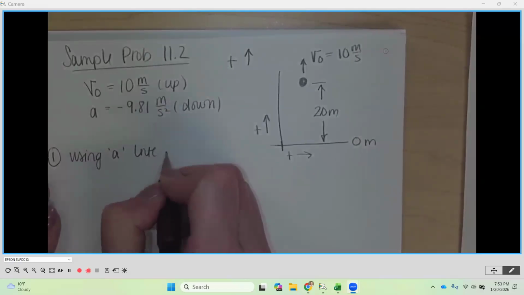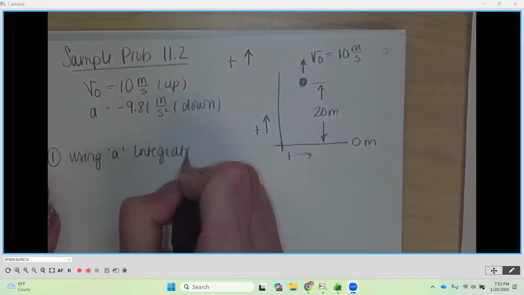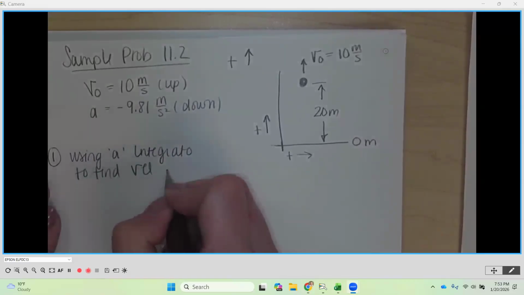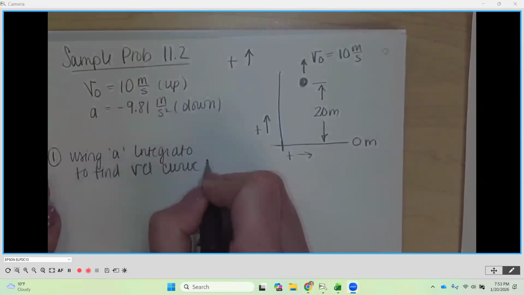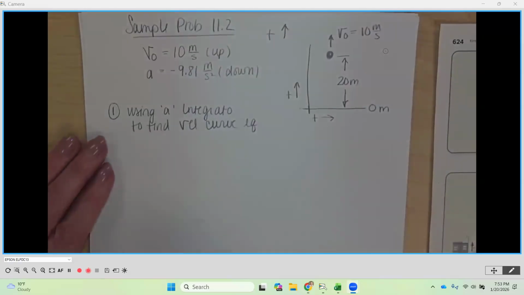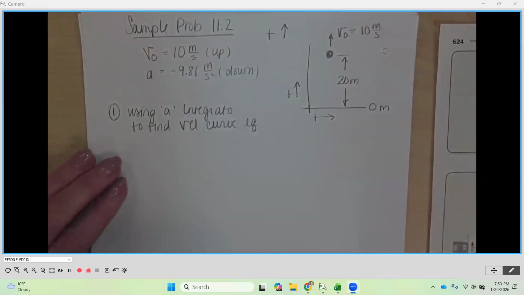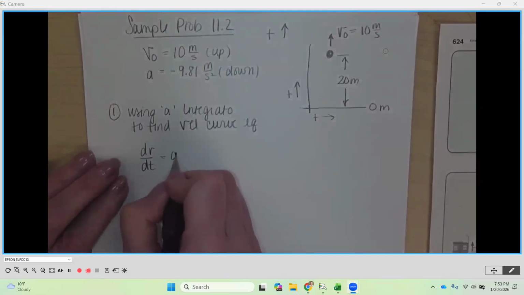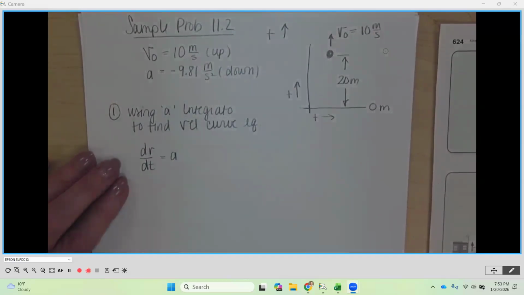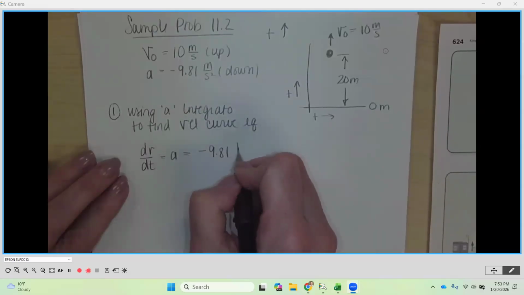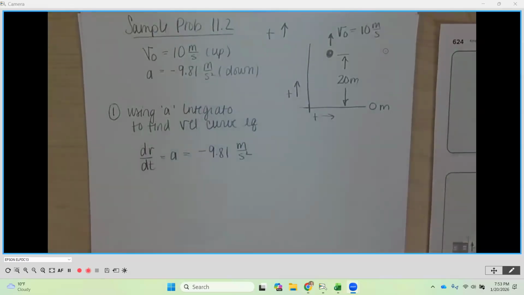We're going to integrate to find the velocity curve equation. So we know that dv over dt is equal to acceleration, and we know that's equal to a negative 9.81 meters per second squared.